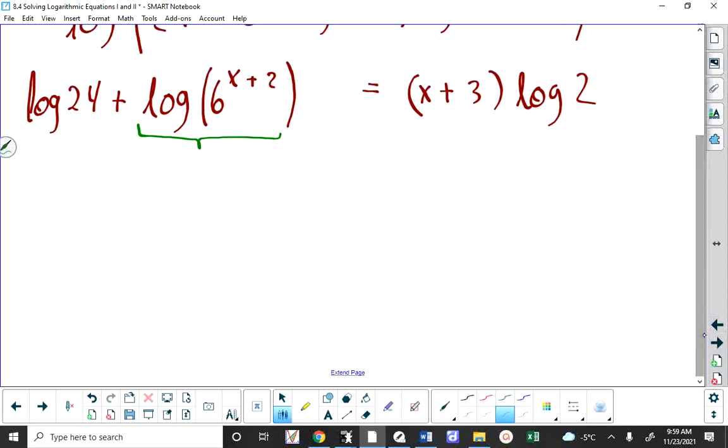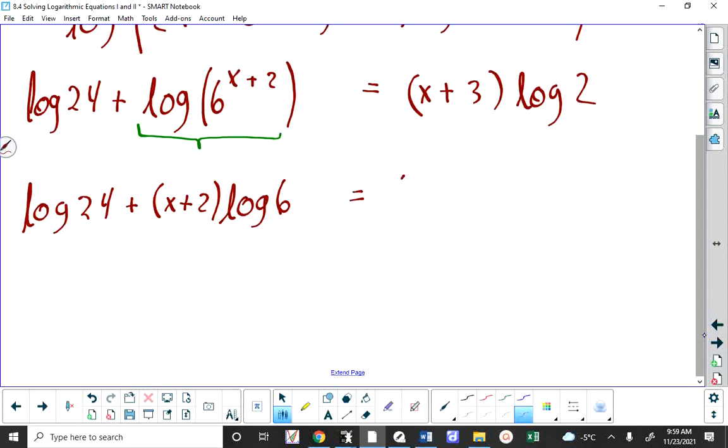So I can write this now as log of 24 plus x plus 2 log 6 equals x plus 3 log 2.